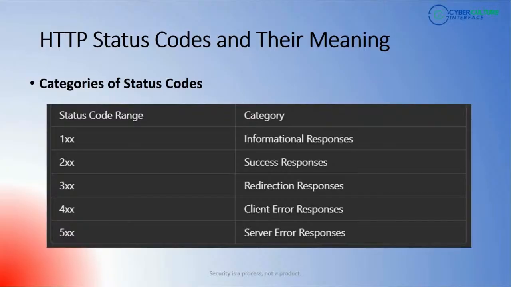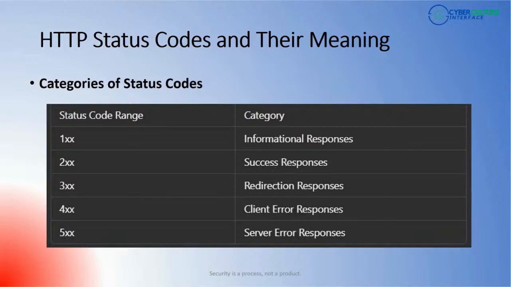So if you get a response and it says 100, 101, 10-something, they are basically information. They are not to raise alarm particularly. It's just to give you a hint of what is going on.